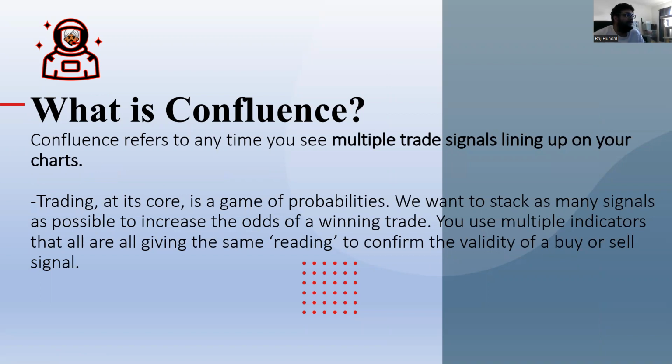You don't want to take a trade at some random spot on a chart without having maybe two or three things saying the trade is going to go bullish or bearish. You want to use multiple indicators that are all giving the same reading to confirm the validity of a buy or sell signal. This one is going to be easiest to show on the chart, so we're going to be doing a lot of live charting here shortly.